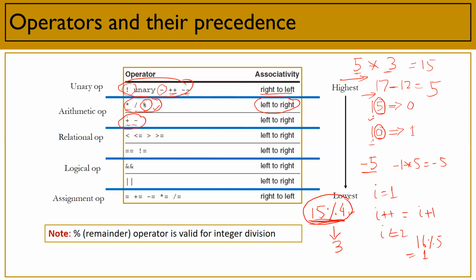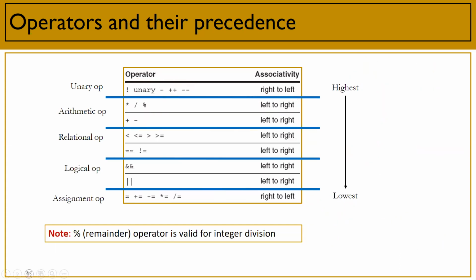For example, if I write 5 plus 3 times 4, you have two operators here, plus and multiplication.